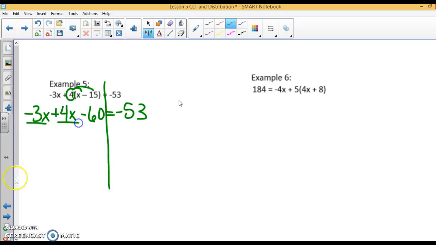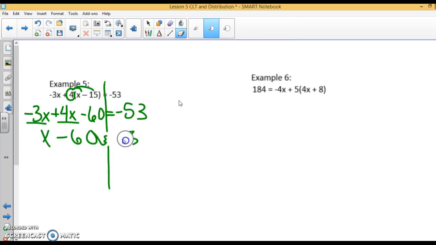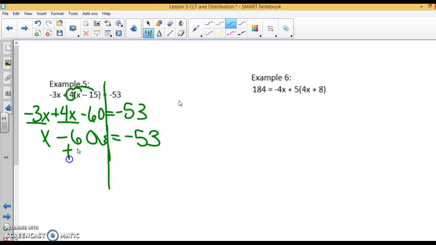Now I can combine my like terms. I can combine my negative 3x plus my 4x, which will just give me x minus 60 equals negative 53. I can add 60 to both sides, and I will get x equals 7 as my answer.